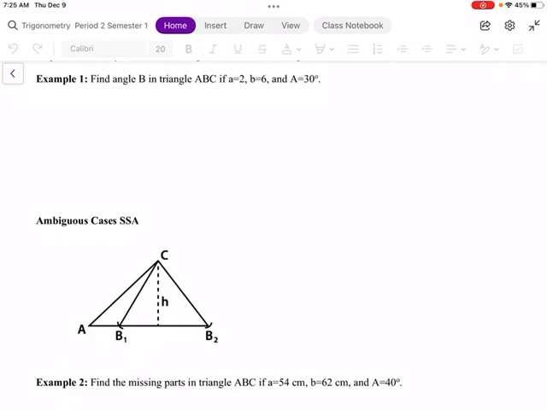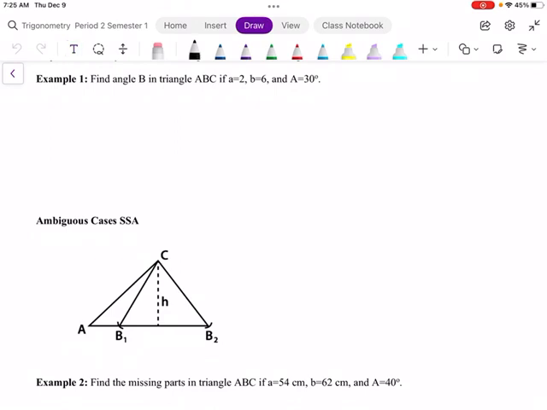Alright, so if you would have started this one, you should have drawn your triangle ABC. And we knew the side length a was 2, the side length of b was 6, and A was 30 degrees.